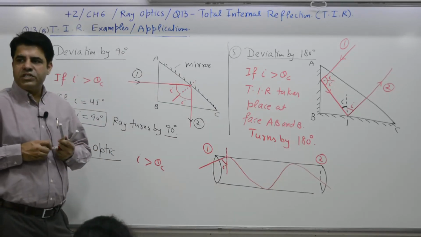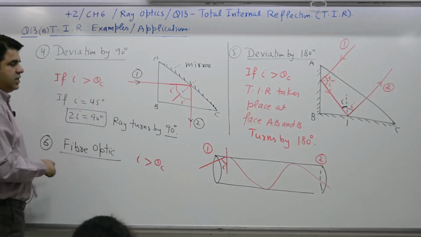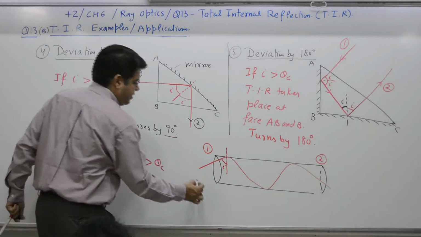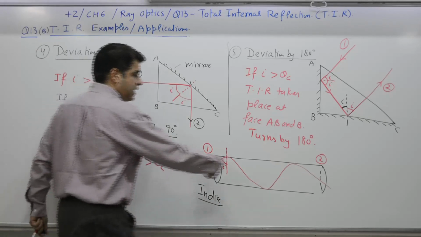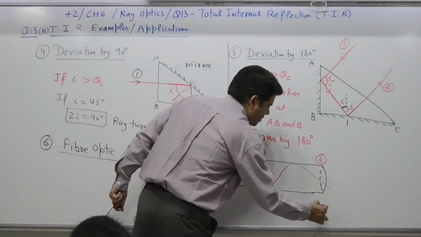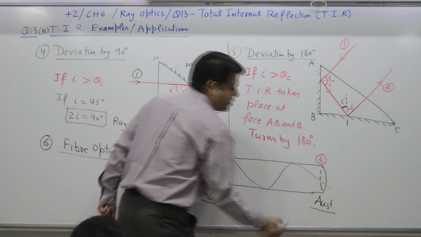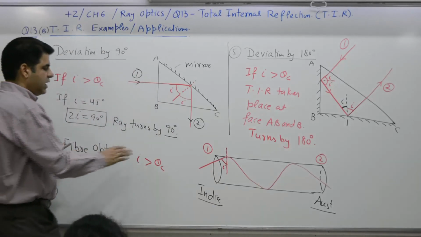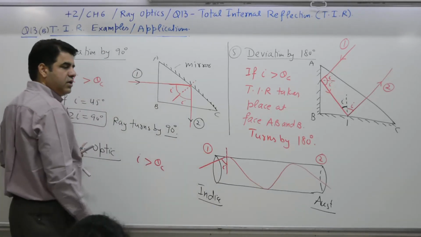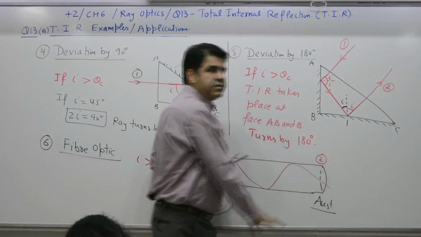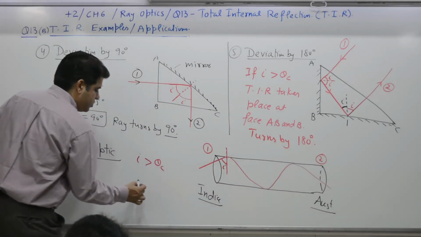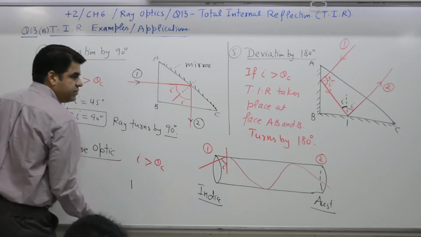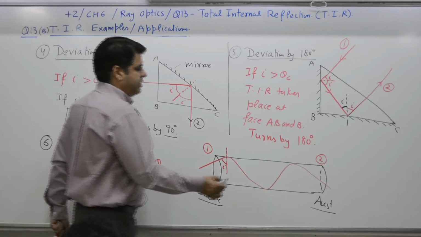Hardly any loss of energy there. The phenomenon is intercontinental: one side is India, the other side of the cable is Australia. You flash light on this side, that light travels to the other side. If you switch on light, it is 1. So what is transferred to the other side? 1.